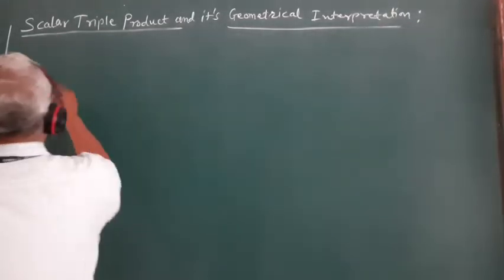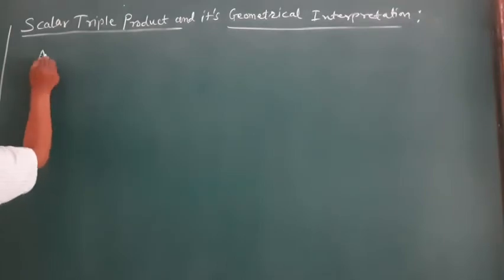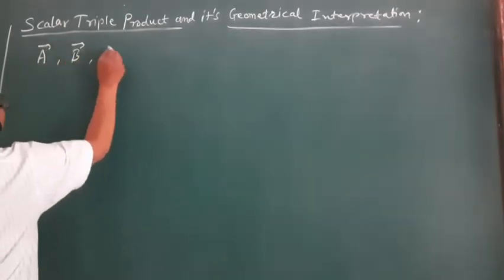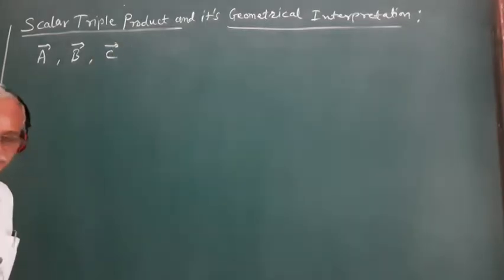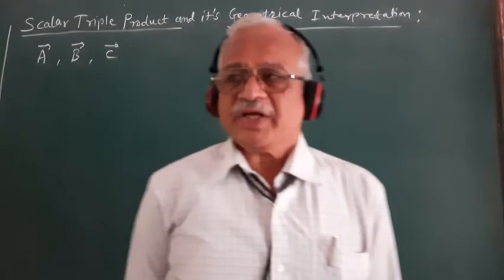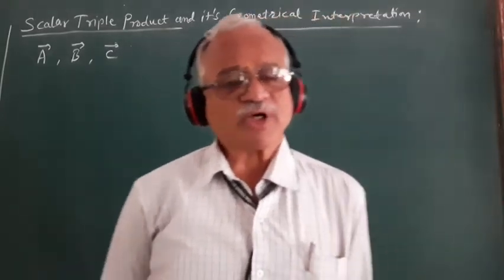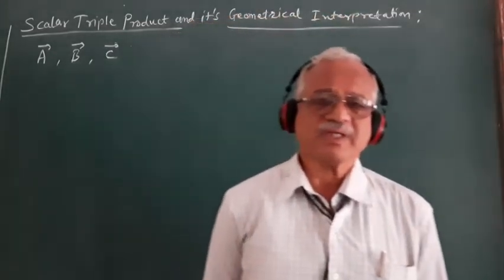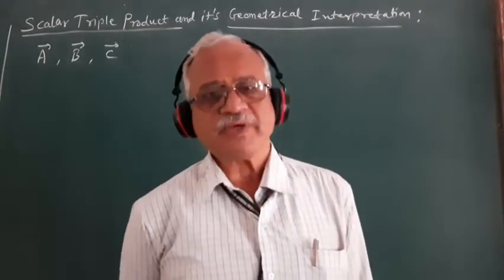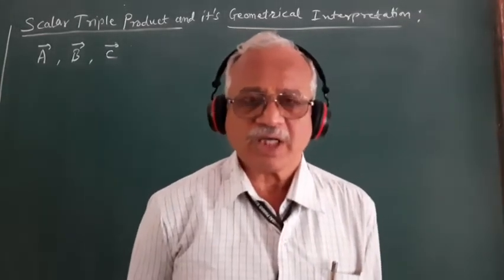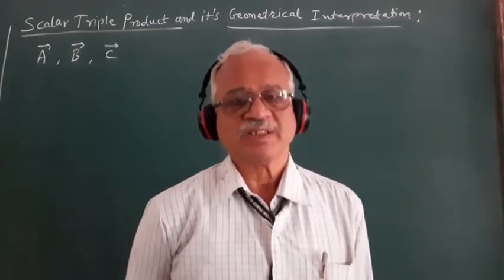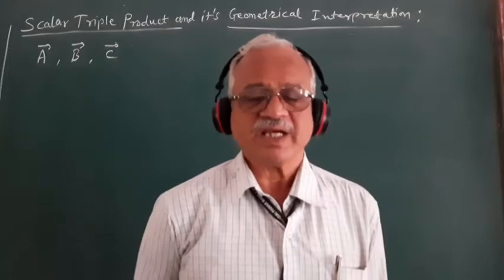For that purpose, let us consider we have the three vectors A bar, B bar and C bar. We have said that if we take the dot product of two vectors, the result is a scalar quantity, and if we evaluate the cross product of two vectors, the result is a vector quantity.